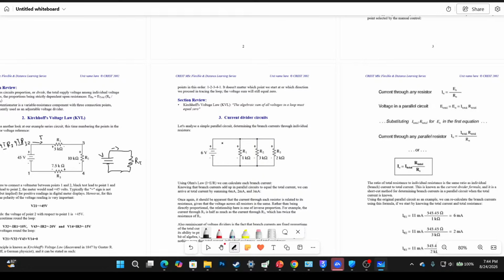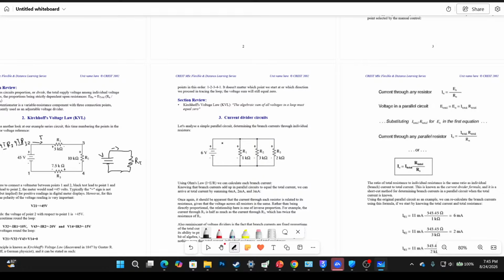We have talked about Ohm's law, which is V equals IR, resistors in series and resistors in parallel. We know that resistors in series have the same current but different voltages, and resistors in parallel have the same voltage but different currents.